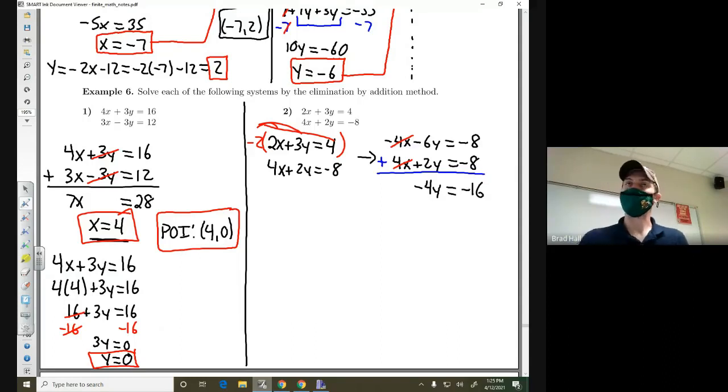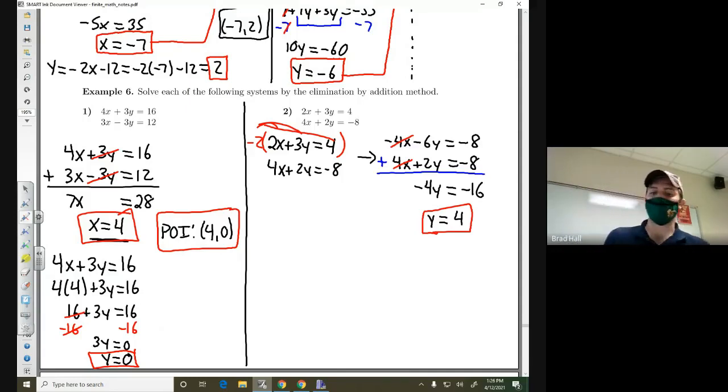It's not 0, it's -16. And so we can quickly figure out that y is +4. So this process can be applied to any system, as long as you might have to do a little bit of work by multiplying one of the equations to make the coefficients line up in a certain way.